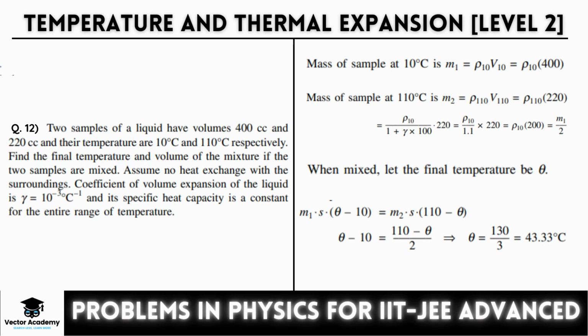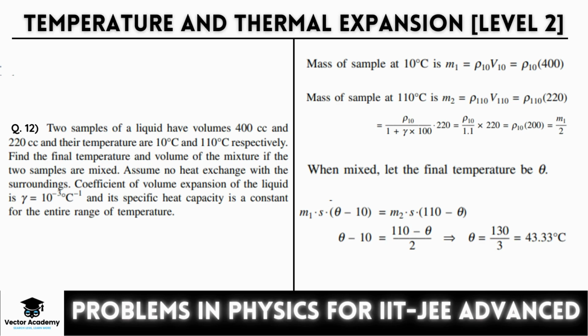When mixed, let the final temperature be theta. Since total energy of the system is constant and specific heat capacity S is constant, we can write m1 into S into theta minus 10 equals m2 into S into 110 minus theta.